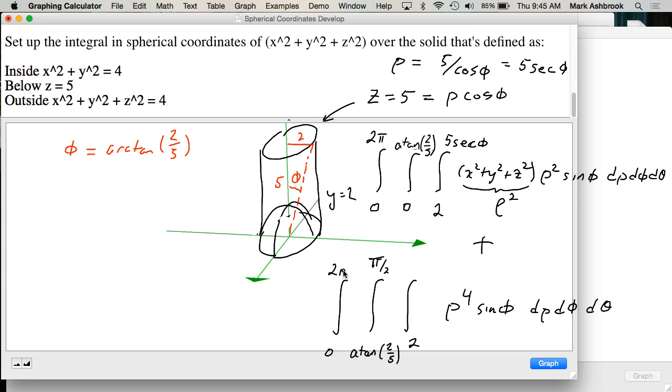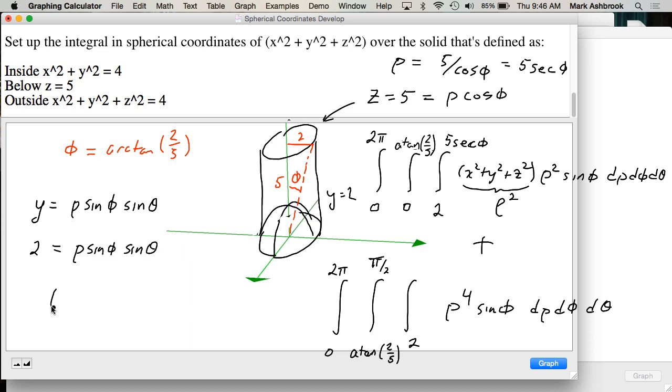So all we have left is, in terms of rho, what is y equals 2? What is y? Y equals rho sine phi sine theta. And y is 2, so 2 equals rho sine phi sine theta.